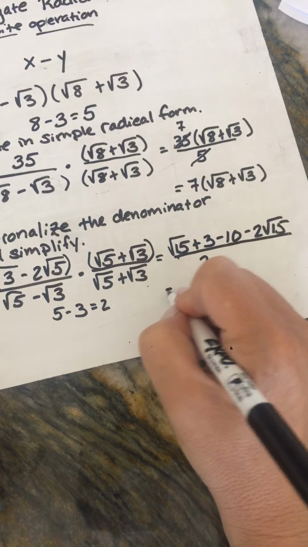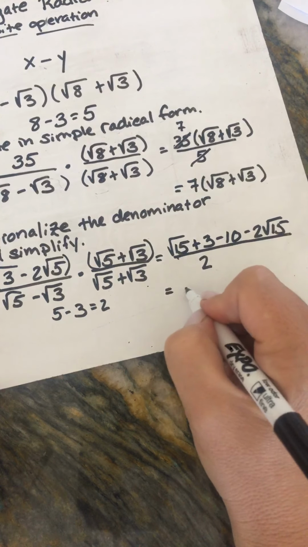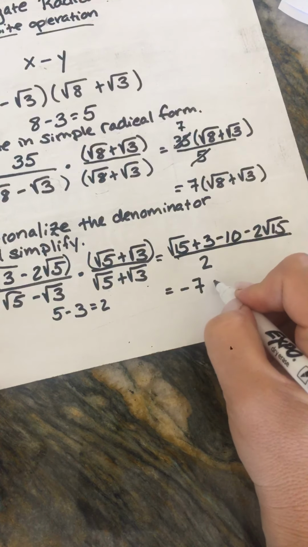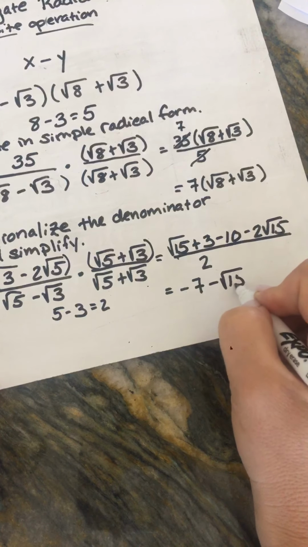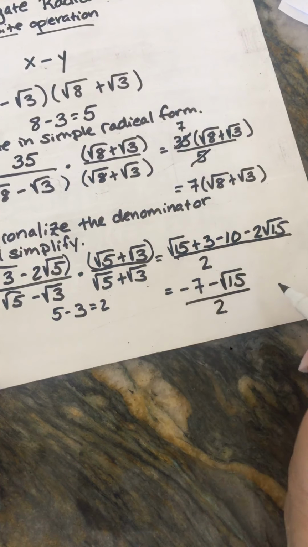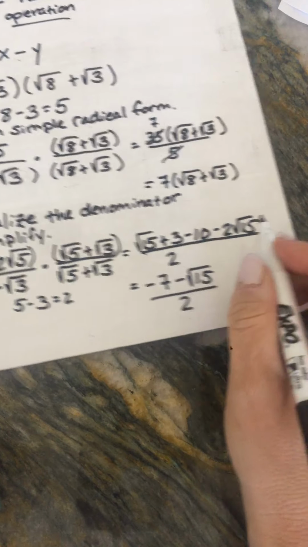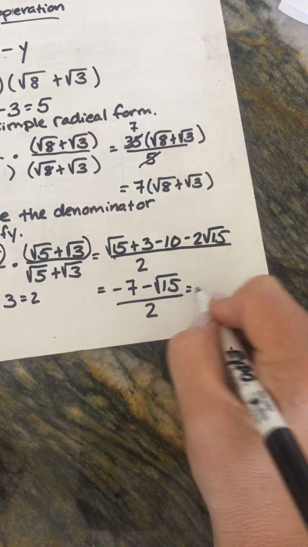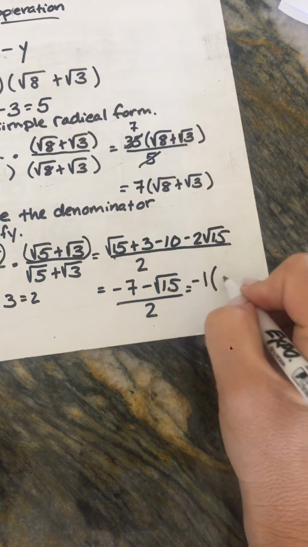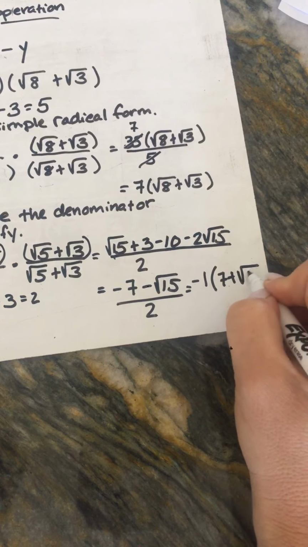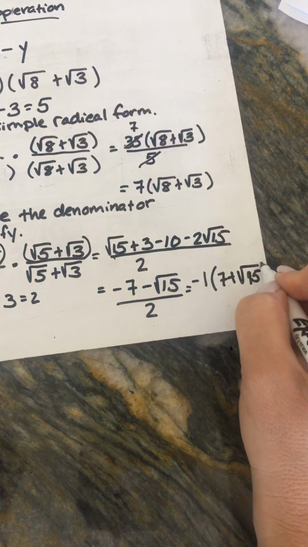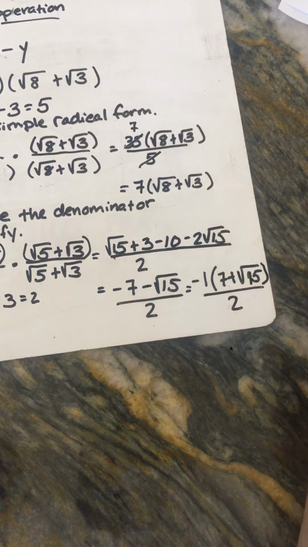All right, and then we'll combine like terms. So I've got a negative 7 minus square root 15 all over 2. If you want to factor out the negative 1, that's a very sophisticated thing to do. And there you go. The 2 does not reduce in the denominator.